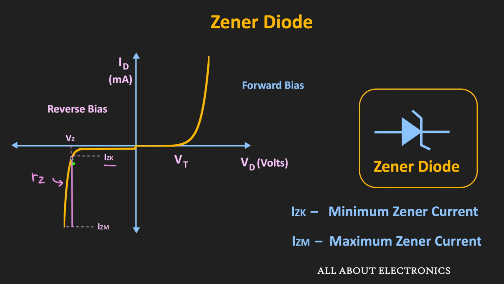The voltage at this IZK is defined as Vz0. Many times in the question, the Zener knee current is given as 0. In that case, this Vz0 is defined as the zero-current Zener voltage. But in general, Vz0 is the voltage of the Zener diode at the IZK.